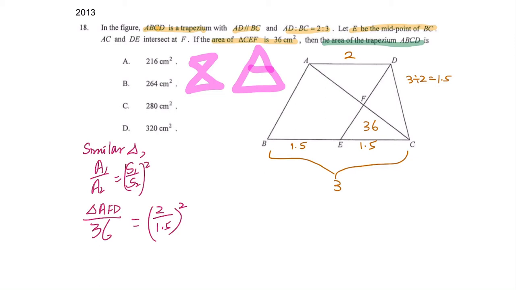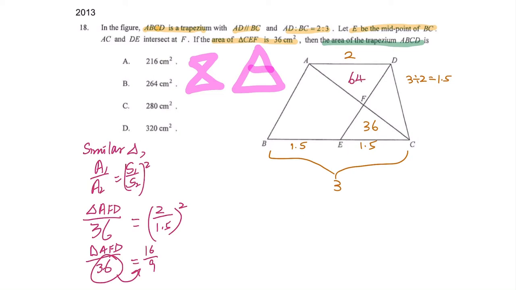You can click 2 over 1.5 squared first. You should be able to get 16 over 9, right? 16 over 9. And then next step, just move this 36 to the other side. It's divided here, so on the other side you times it, and the final answer you get is 64 for this triangle.